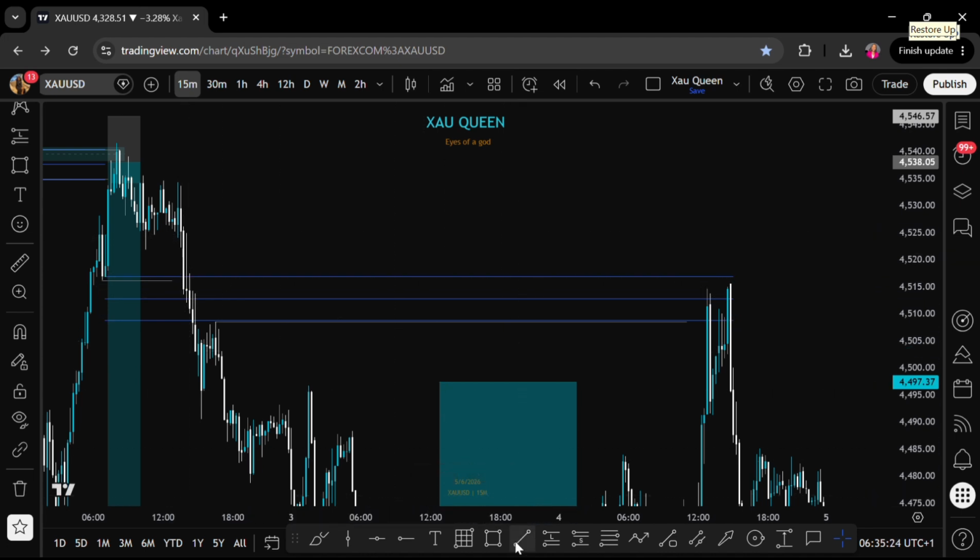So what will we do? We're gonna use the body of this indecision candle for our entry because this guy has tapped into this and also tapped into this. If you want to use the extreme, price might most likely not come there.